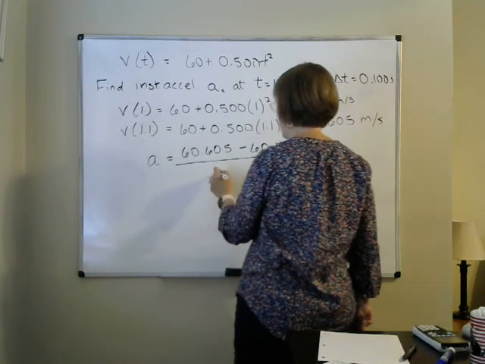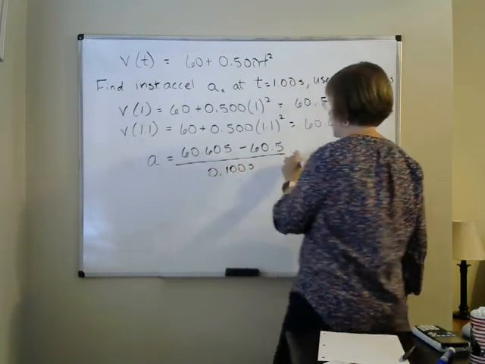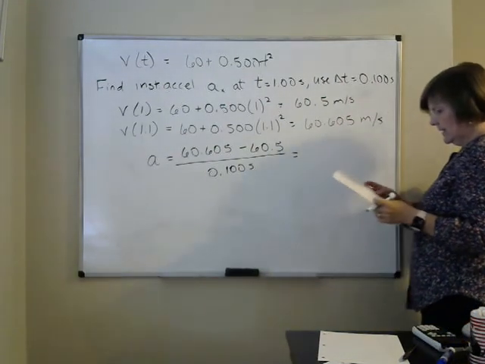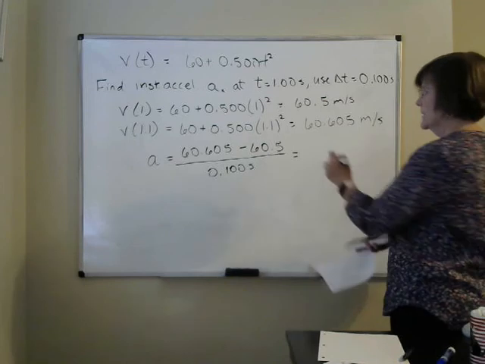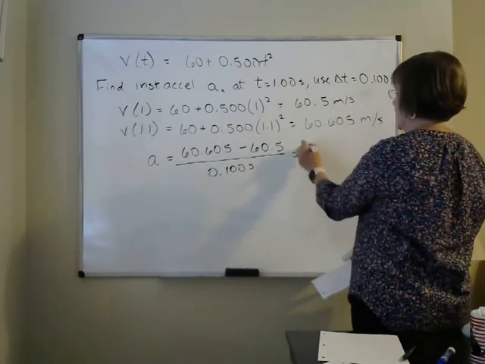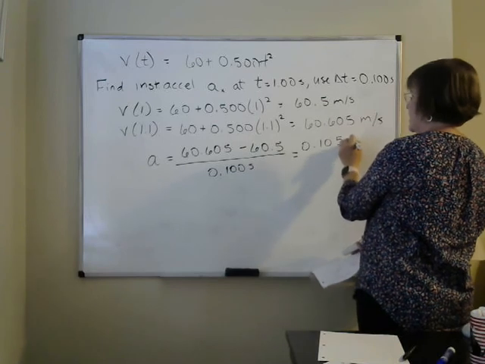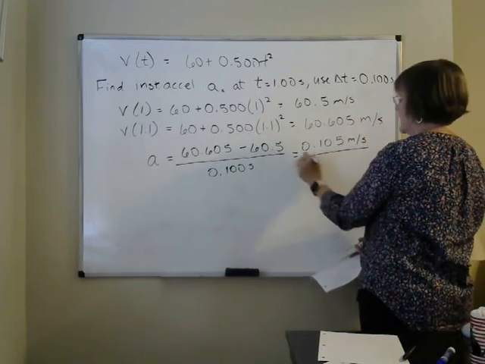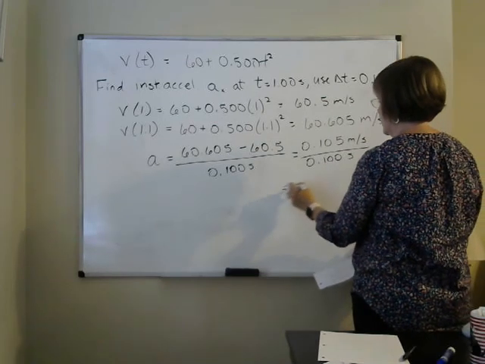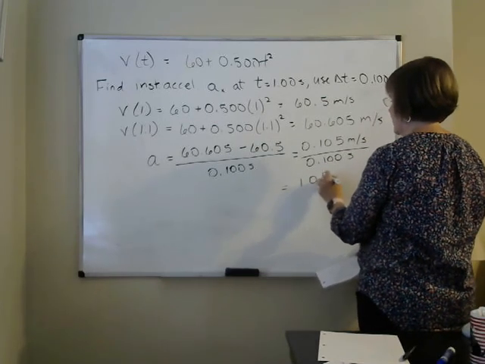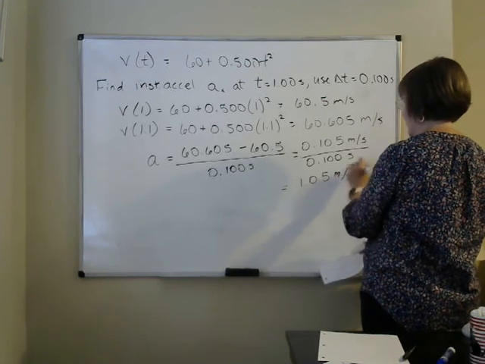That time interval was 0.1 second. That's going to be 0.105 meters per second divided by 0.100 second comes out to be 1.05 meters per second squared.